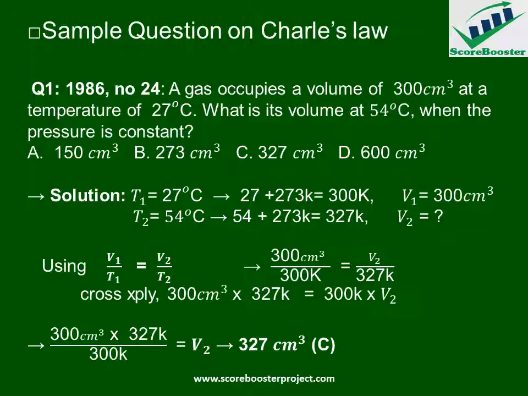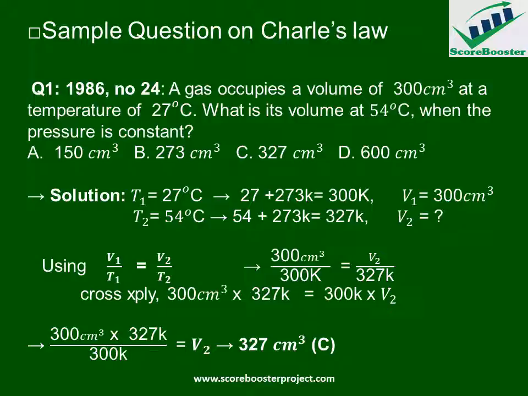Now our V2 is unknown in this case. Of course, that is what they asked us to find. So using the formula of Charles' law, we state that V1 over T1 equals V2 over T2. Then when we substitute, our V1 is 300 cm cube over T1, which is 300 Kelvin, equals V2 over T2, which is 327 Kelvin.